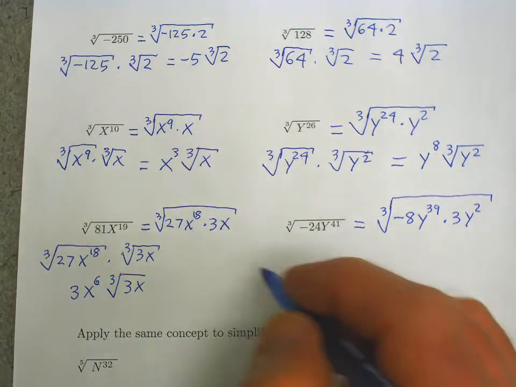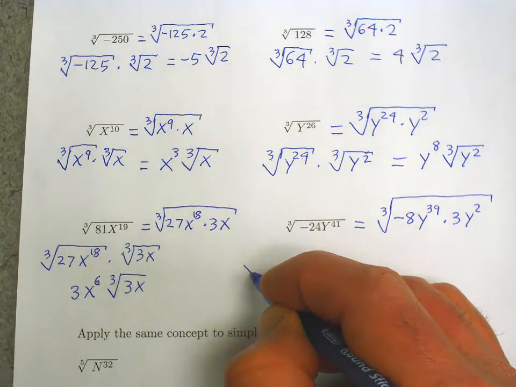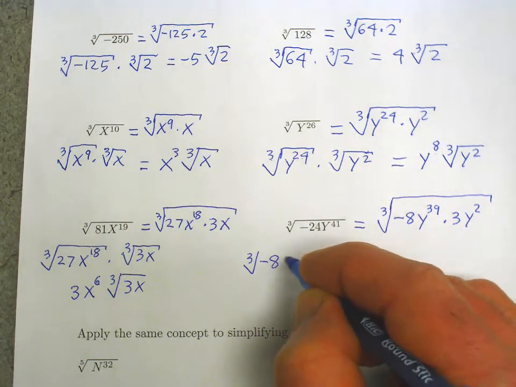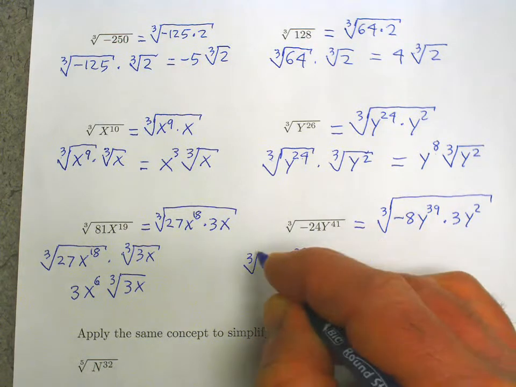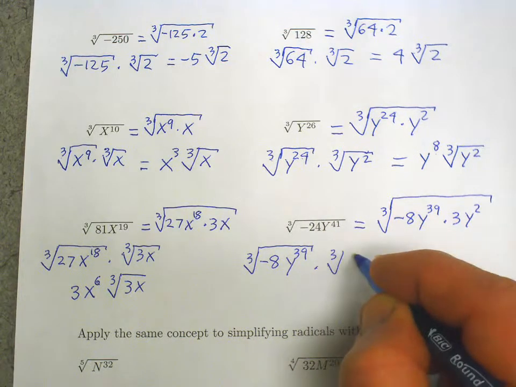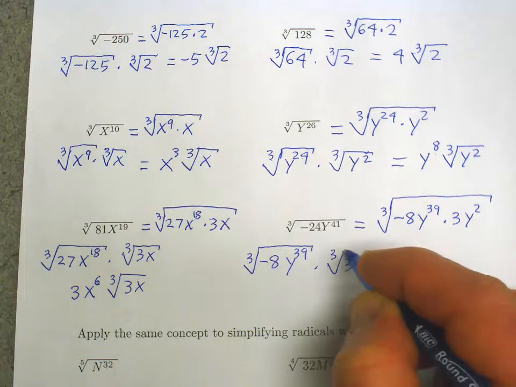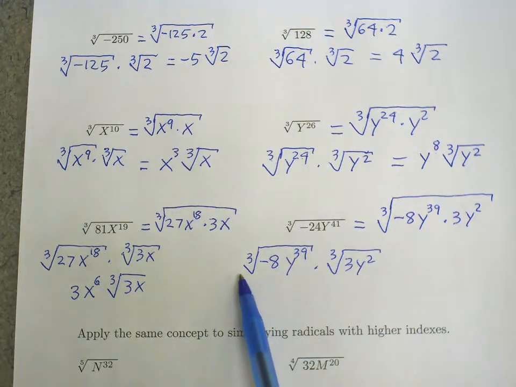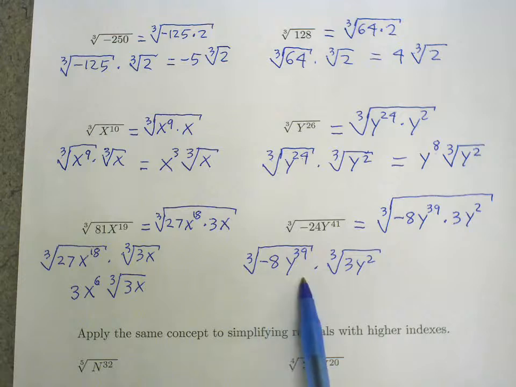And then the cubed root of negative 8 y to the 39th times the cubed root of 3y to the 2nd. And then finally, we'll simplify the cubed root of the perfect cubes.